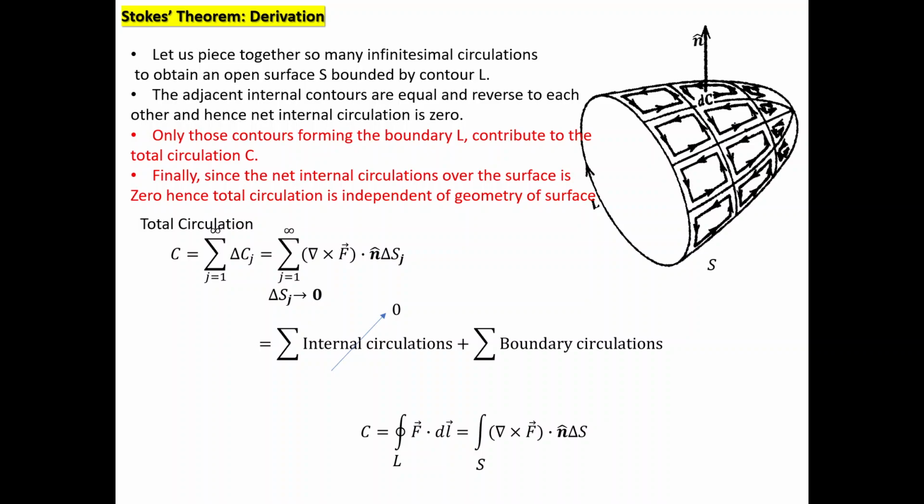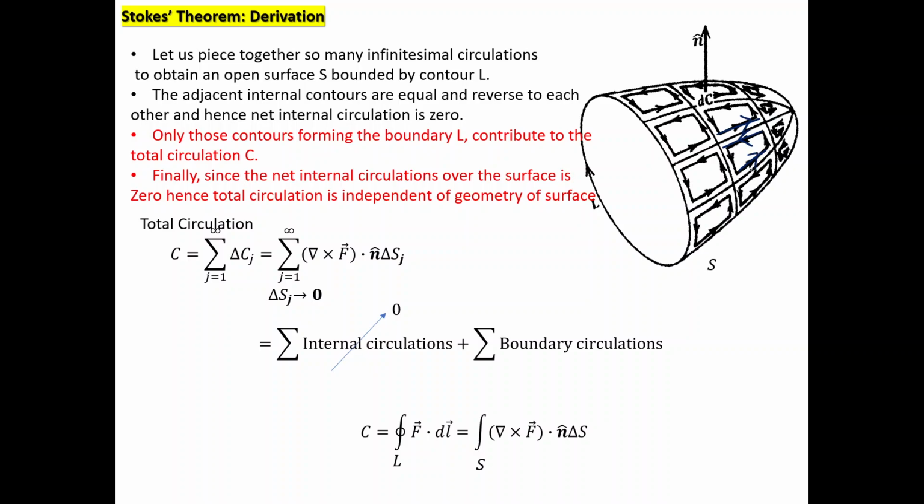As you see here, let's say this is one of the many infinitesimal circulations. This is another adjacent one. In all these cases, as you can see, if this is the circulation in this direction, this circulation is cancelled out by the adjacent circulation.